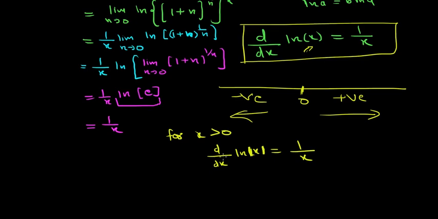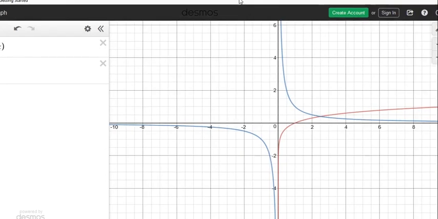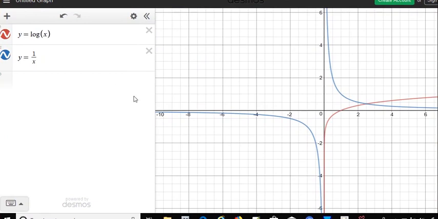Now let's make graphs and understand what this tells us. So here is a graphing tool. See this, I plotted y is equal to log x, and this is 1 upon x.